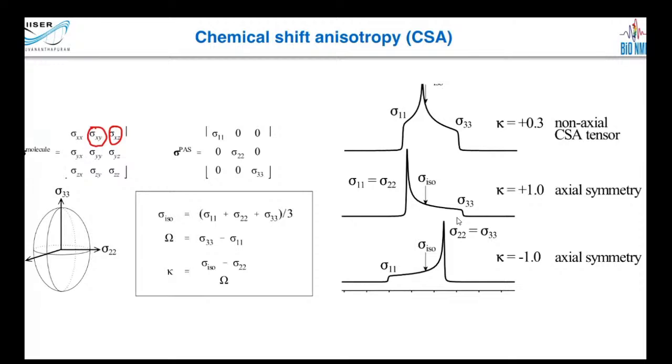If you diagonalize this matrix, you will get sigma 1, sigma 2, sigma 3, and the sum of these divided by 3 is the isotropic component. That is what we observe in solution NMR.